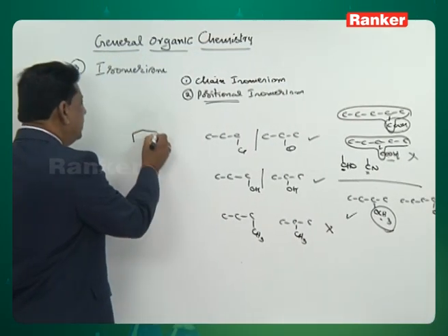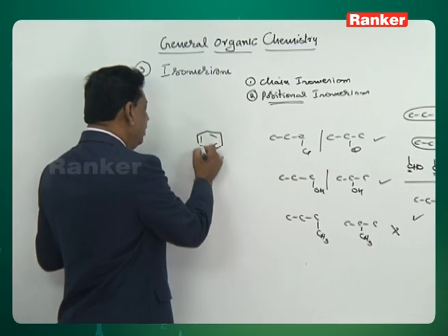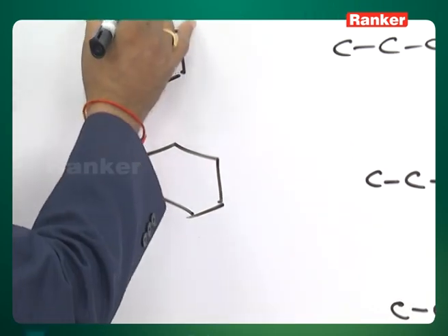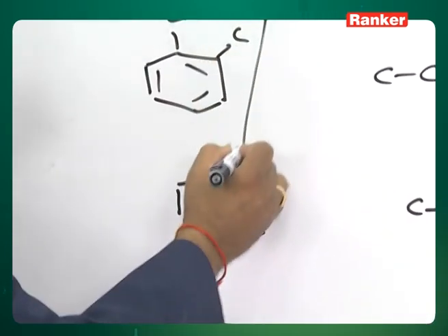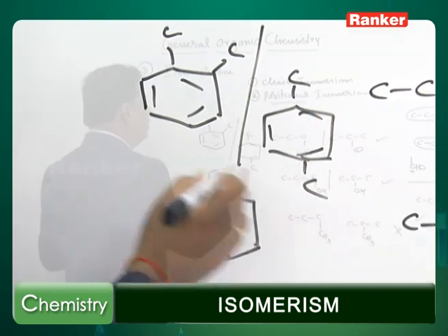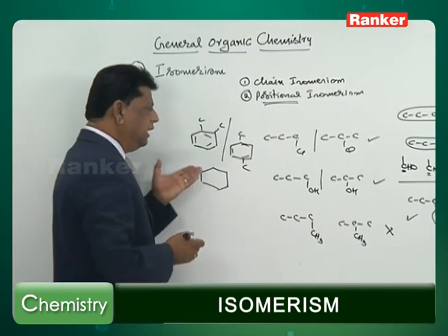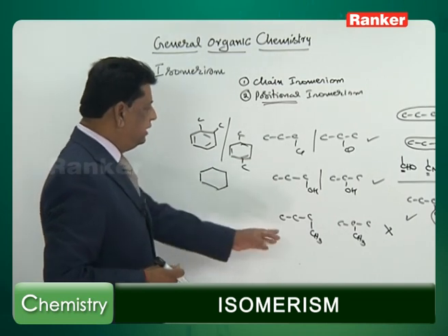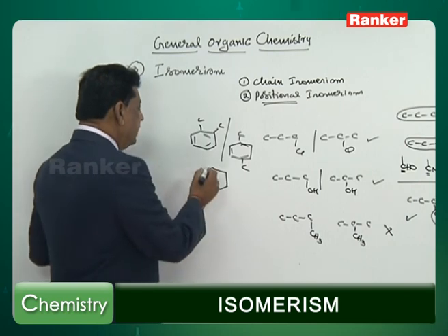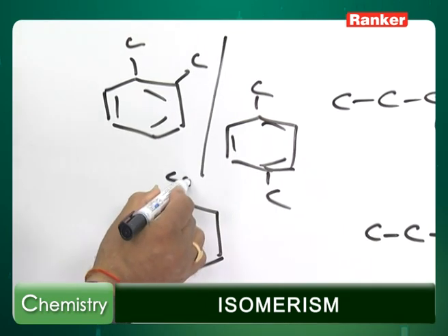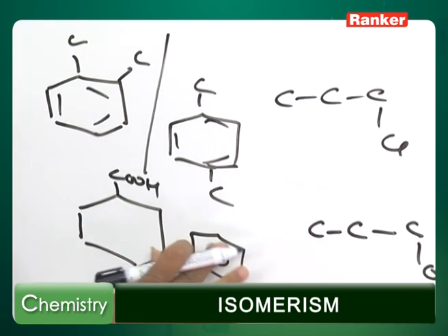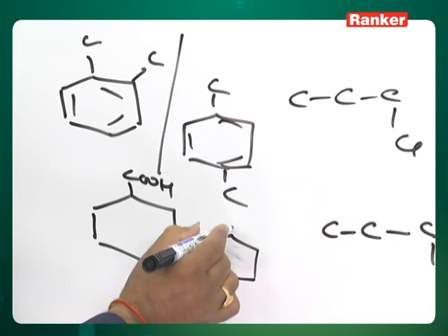In some cases we mark things specifically. In aromatic compounds like benzene, or in cycloalkanes like cyclohexane, even the methyl group's position change is allowed, and these compounds are positional isomers. Just now I said that changing alkyl groups is not allowed, but in aromatics and cycloalkanes, even groups like COOH or methyl are allowed.